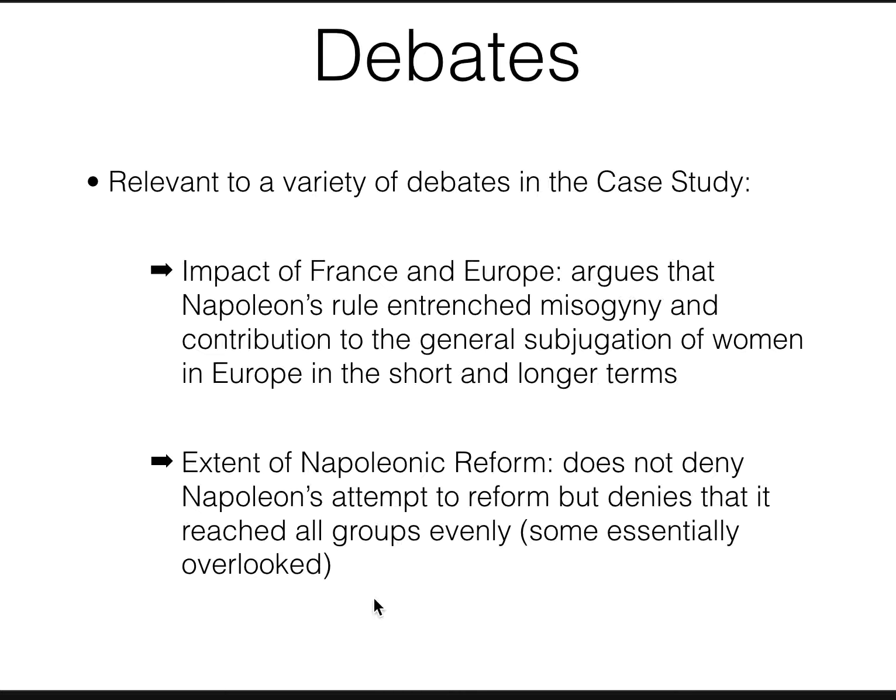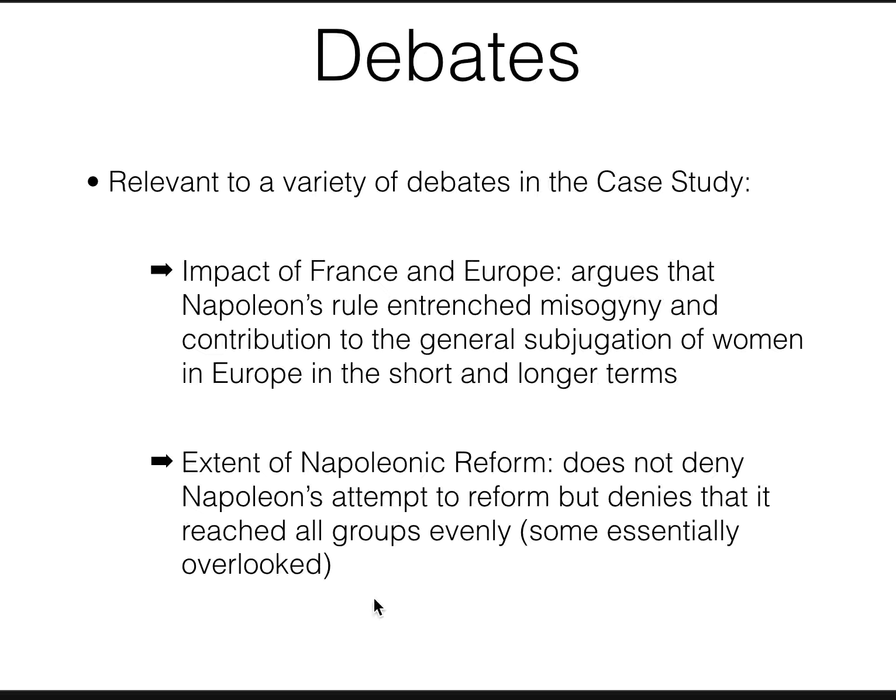I think the second one that's obvious to me is the extent of Napoleonic reform. If you're engaging with that debate, which is basically about how much reform Napoleon actually brought to France and Europe, then this is weighing in on that debate as well. Smith is actually arguing that the reforms had severe limitations. That is, that they really didn't do much for the life of women, and they really didn't thoroughly address the issues of women in that context.